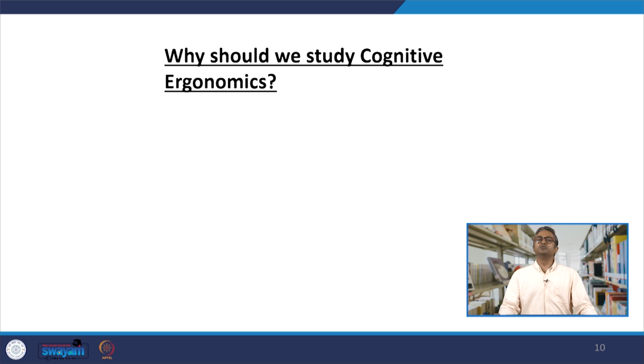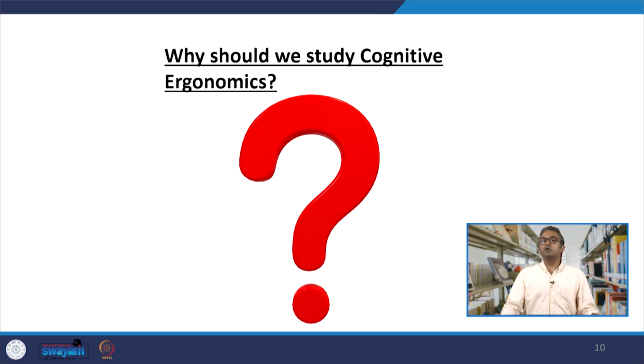So we should be asking ourselves this question: why should we study cognitive ergonomics? If ergonomics is talking about performance, safety, user satisfaction, that much should be enough for us to understand the system itself and how the humans are interacting with the system. But the bigger question here is what type of cognitive processes are involved? What type of cognitive processes are helping a person to enhance performance and efficiency?